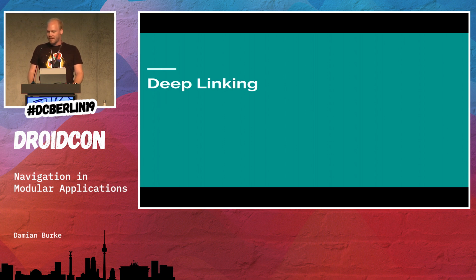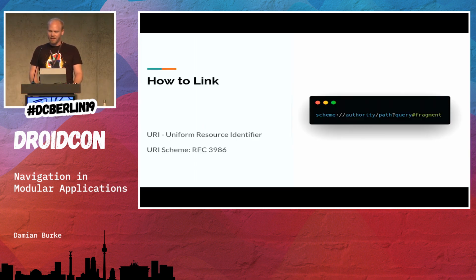Next, we will take a look at deep linking in general, how deep linking works, what is a deep link. Links are pretty well defined. There's a URI scheme that has been around for quite some time now. In the scheme, authority and path are required, the rest is optional.